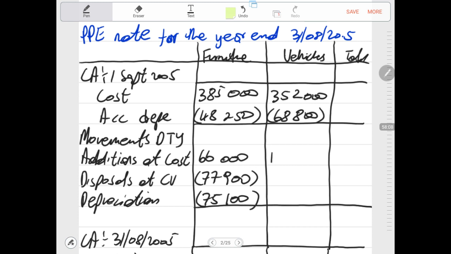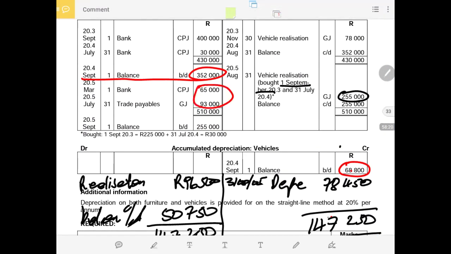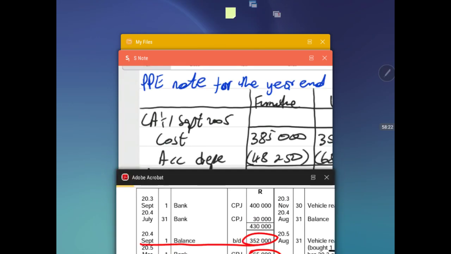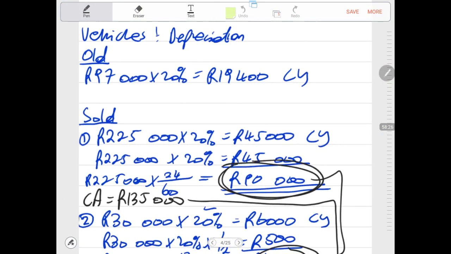Additions at cost, 158,000 rands. Was there any motor vehicle that was sold during the year? Yes. How much is the carrying value? Disposals at carrying value. Remember, I need to add both of them because there were two of them.